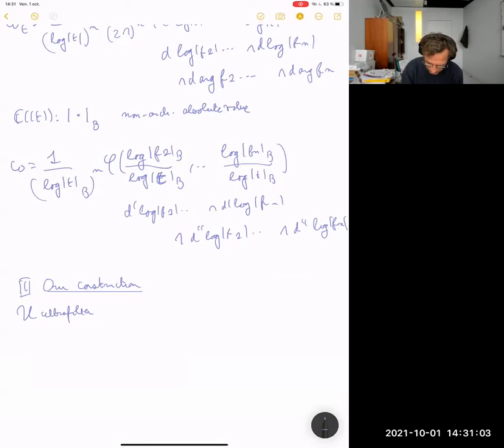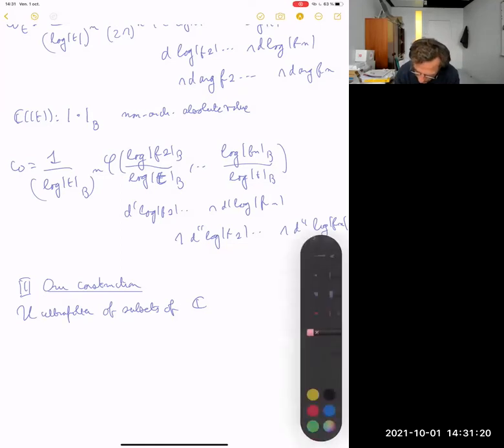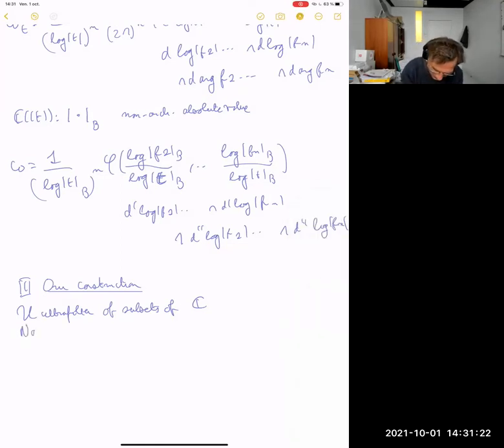An ultrafilter of subsets of the set of complex numbers. So an arbitrary ultrafilter, and I just want it to be non-principal. I don't want this ultrafilter to be the set of subsets containing the origin, because then it would be stupid.